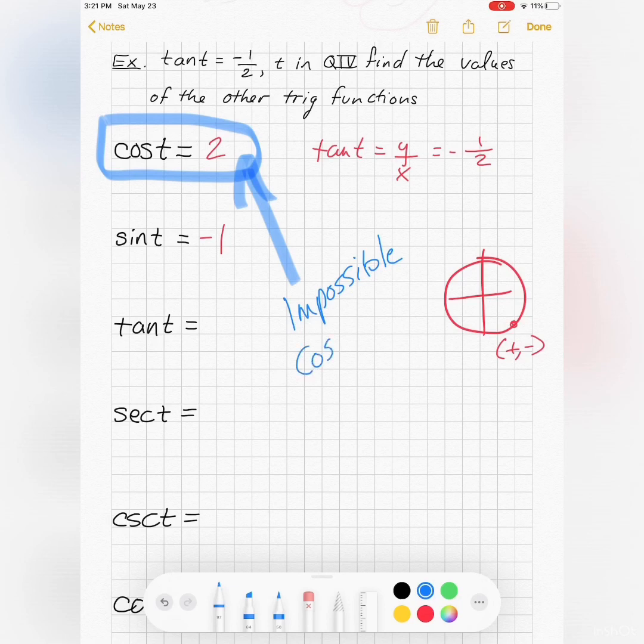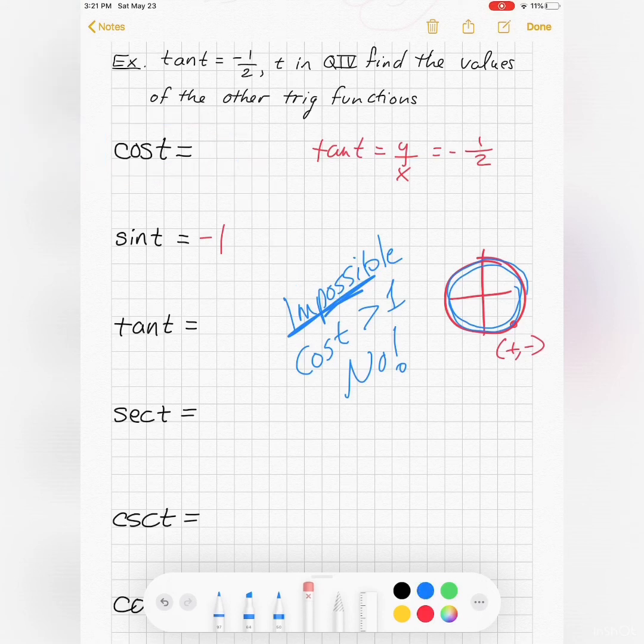It would be impossible for cosine or sine to be bigger than 1 in magnitude, because that represents the value of x or y for a point on the unit circle. It has to be less than or equal to 1. So I know immediately this is not true. Okay, so don't make that mistake.